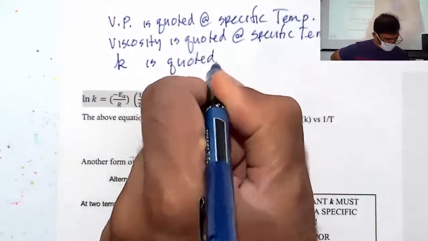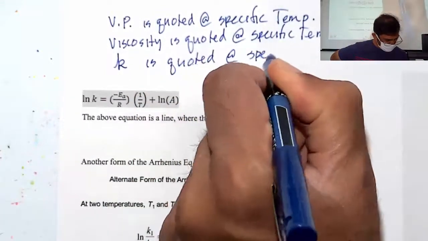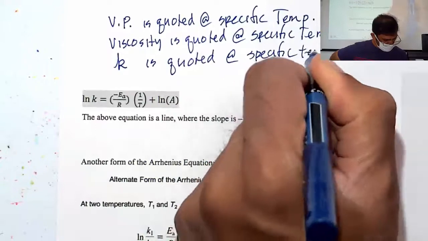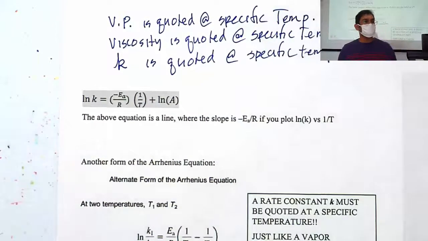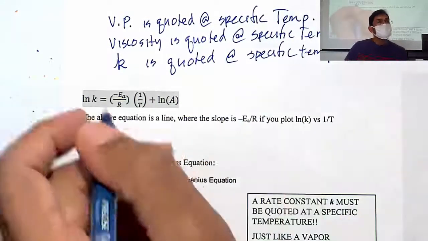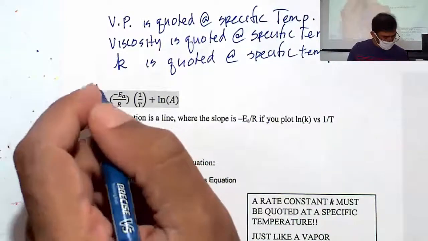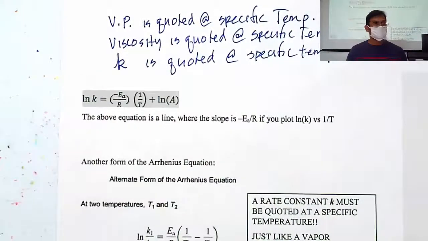We also mentioned that if you increase the temperature, rate constant k will usually go up. This whole chapter is dealing with rates, speed, velocity.